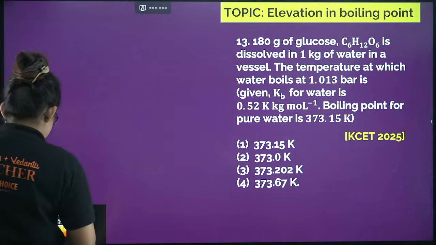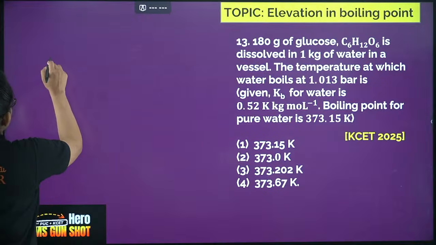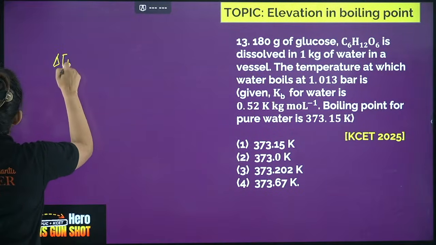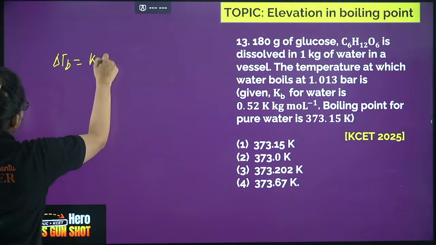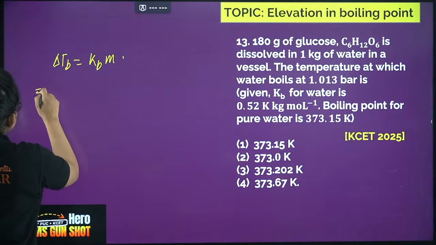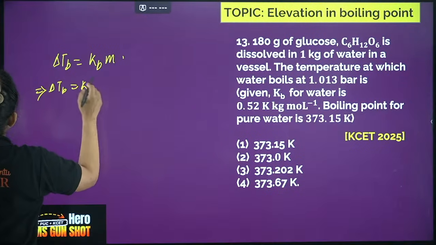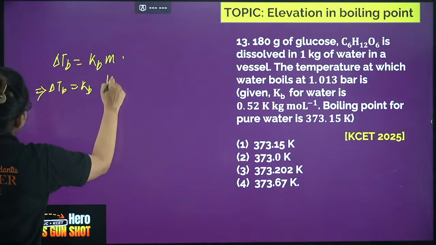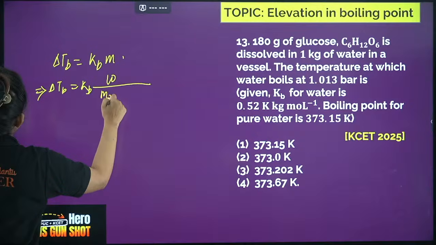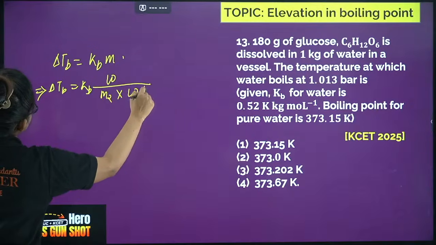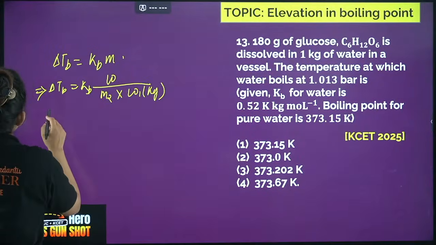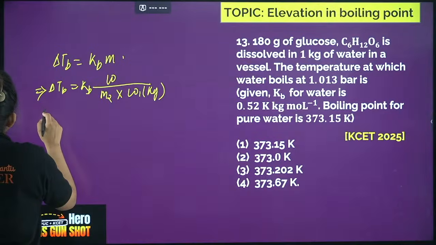So delta TB, direct formula I can implement here. Delta TB is basically KB into W2 by M2 into W1. W1 we will put in kg like the last case. So from here I can proceed.